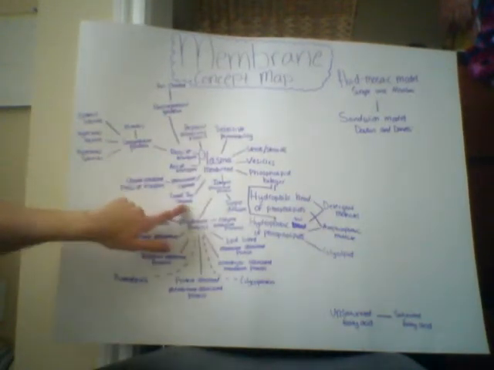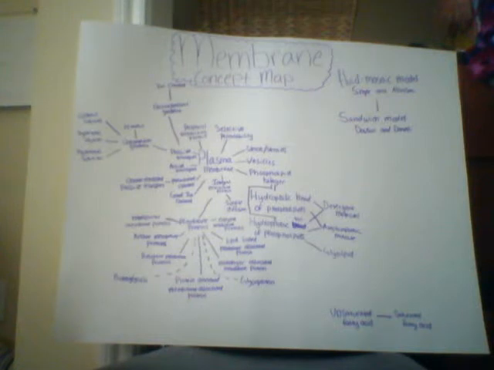We have the gated ion channel, which is a transmembrane ion channel, channel proteins that open to allow ions such as sodium, potassium, etc. to pass through the membrane.